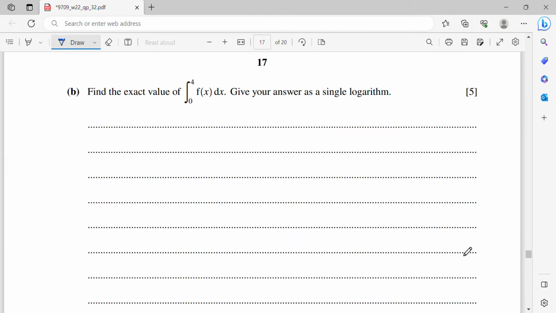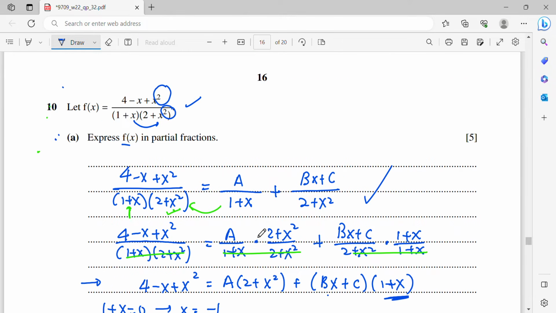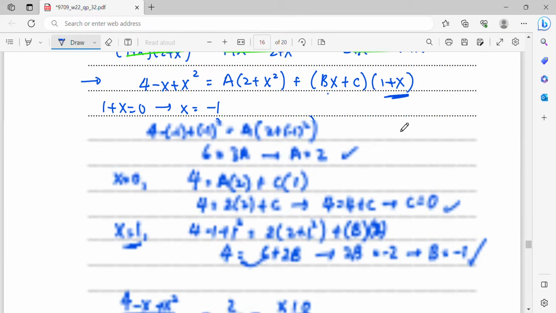Okay, so last part, B. Find the exact value of this integration, giving your answer as a single logarithm. So integrate 0 to 4 f(x) dx equals to integrate 0 to 4. So our f(x) is this function. Then we will just solve using partial fractions.